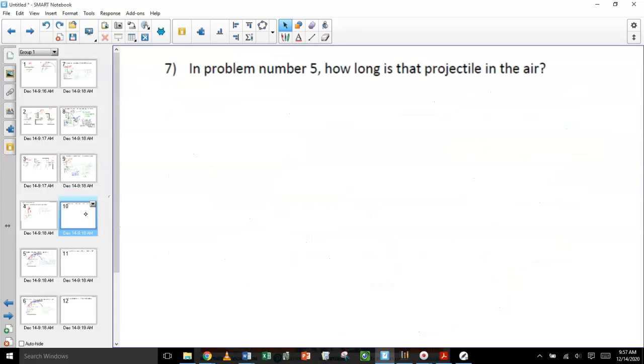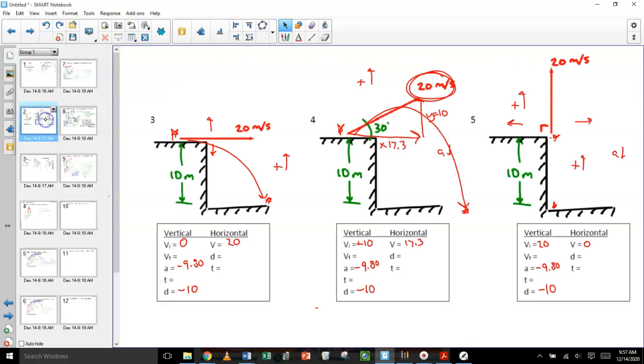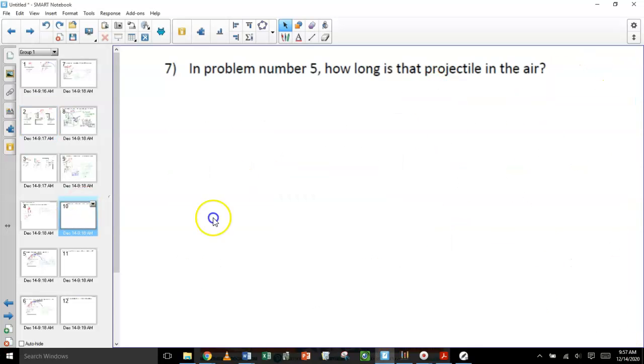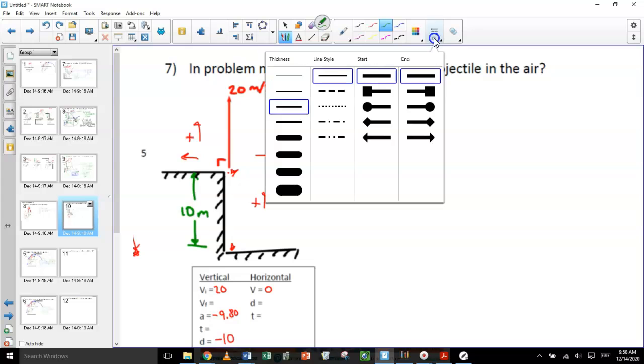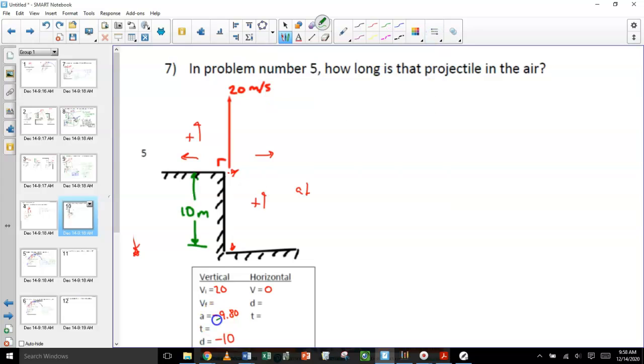In problem 5, how long is that projectile in the air? The time. So I want to know the time. I think this one's pretty straightforward. Take the equation that doesn't involve final velocity. Oh boy. Hopefully it's not like the last one.